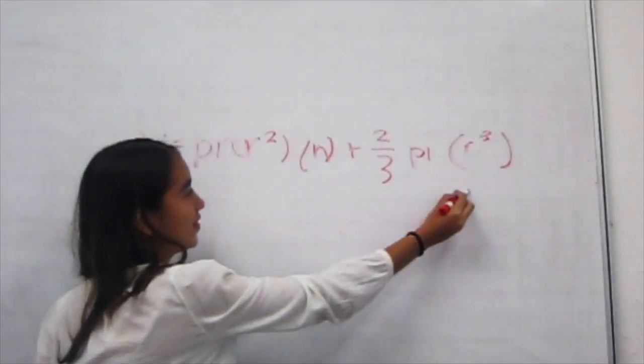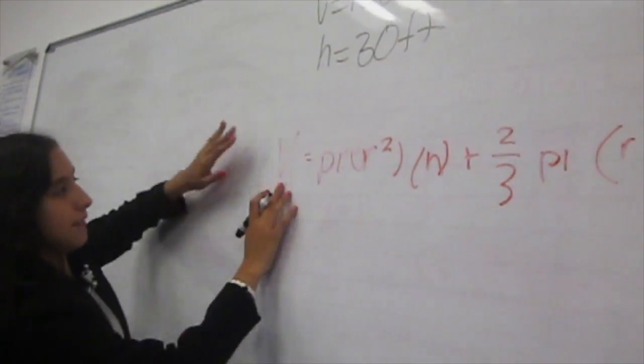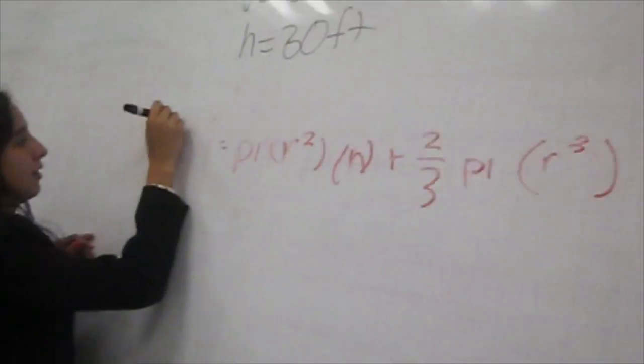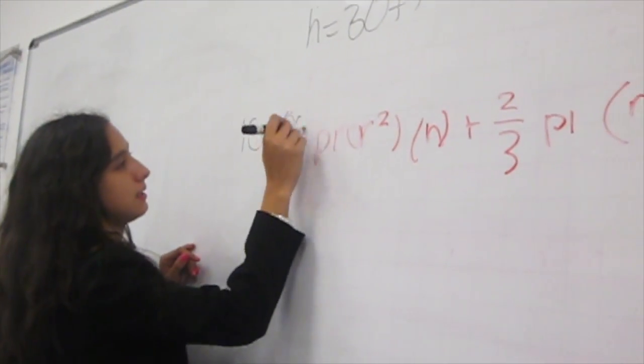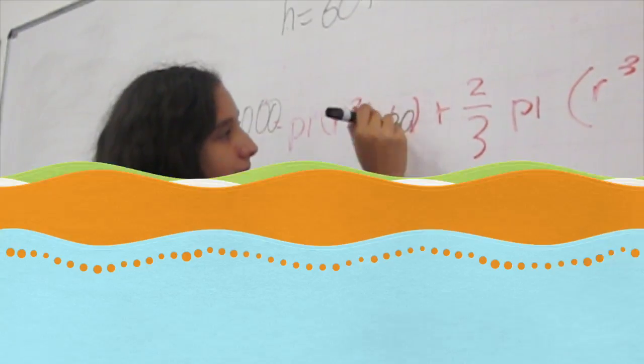Then we substituted V equal to 15,000 and H equal to 30. Then we multiplied by 3 to get rid of the fraction 2/3. Then we moved pi to the other side by dividing, followed by dividing by 2.